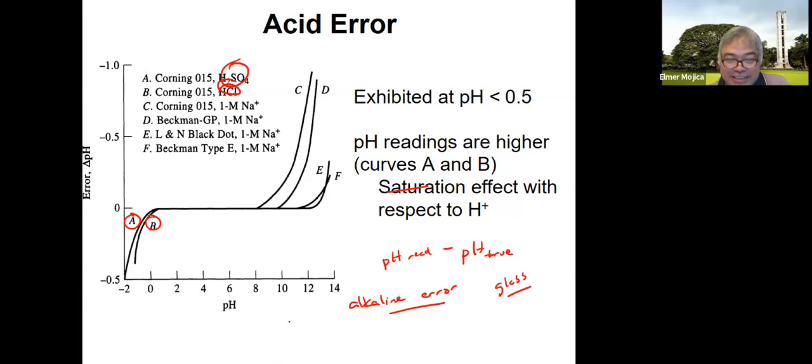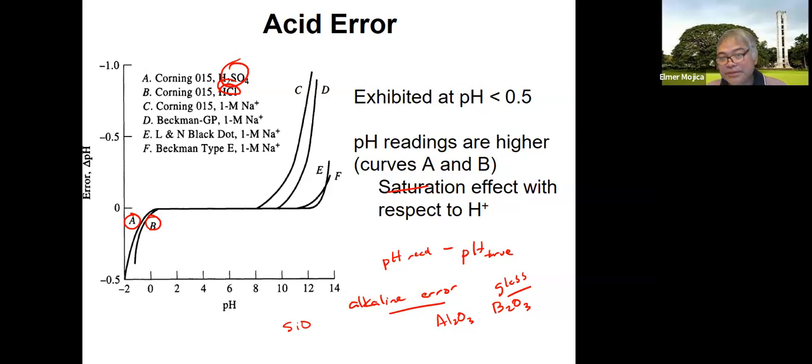Instead of the Si or silicate, you can use Al2O3 or B2O3. And if you have this material, it enhances binding for ions other than the H+. So it can eliminate the alkaline error in glass electrodes.